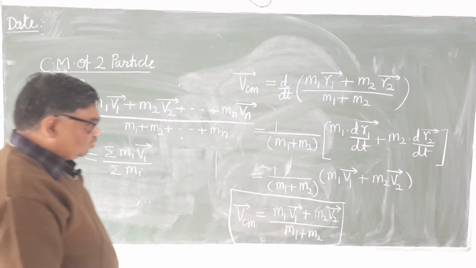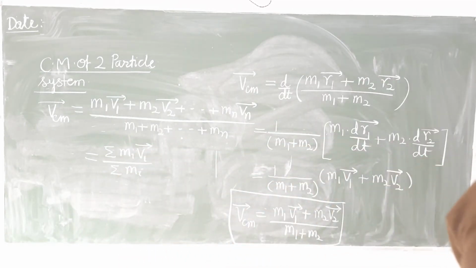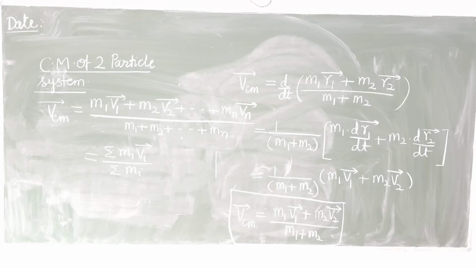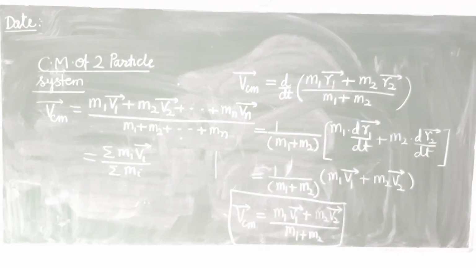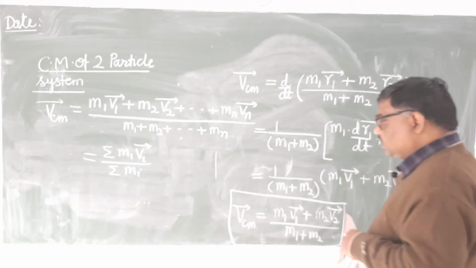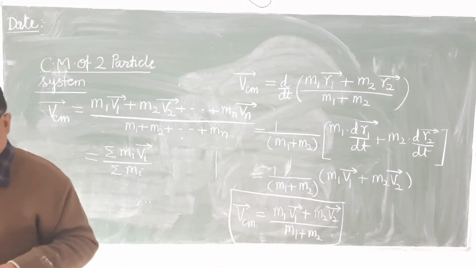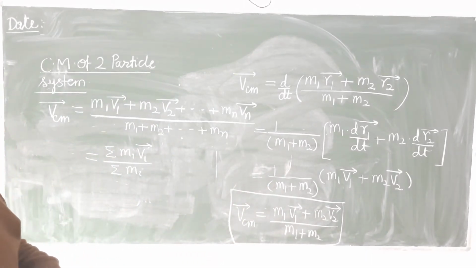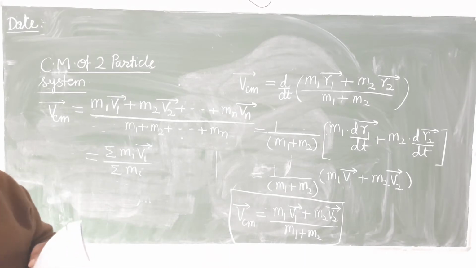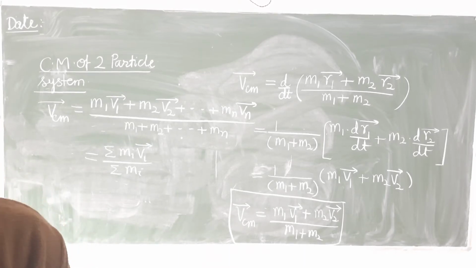Now today we will do some numericals over this. Before explaining the other parts, we will do the numericals. Already I have explained that the relative position of center of mass with respect to the particles constituting the system doesn't change on changing the origin.